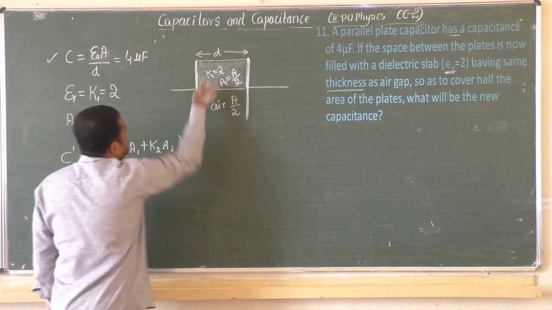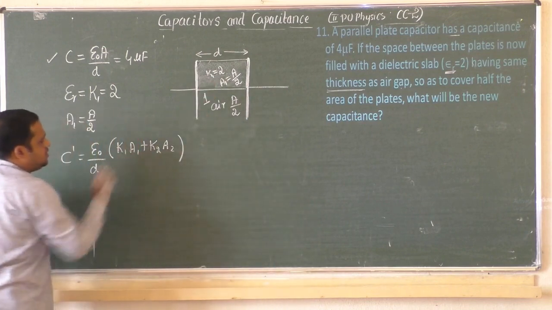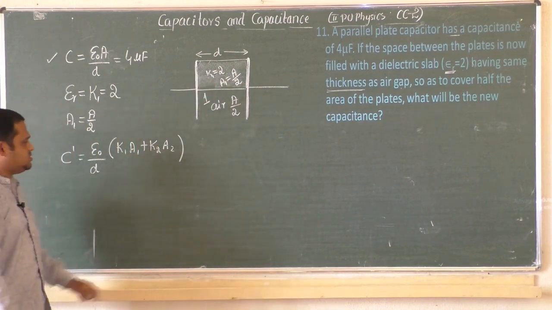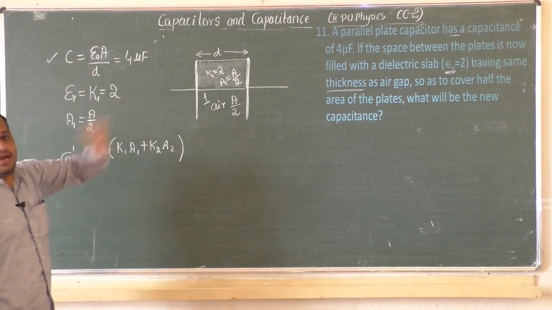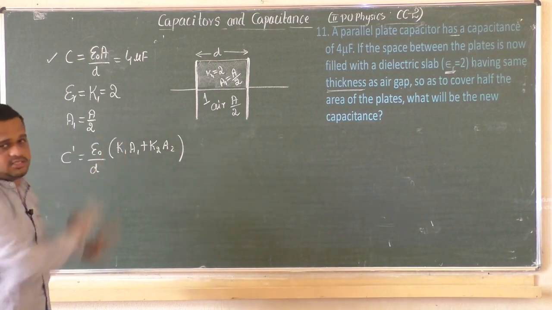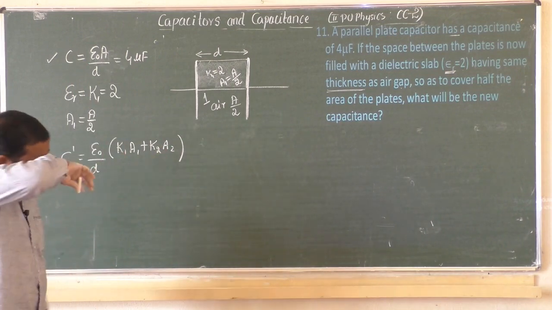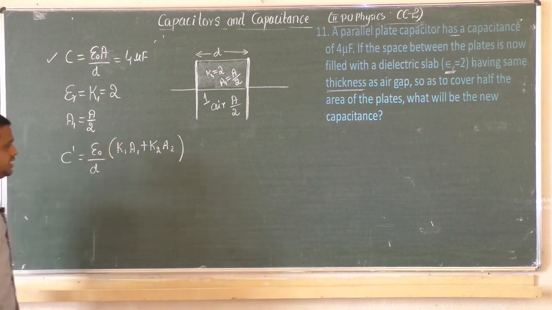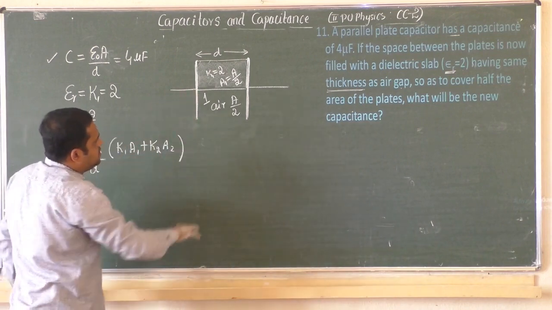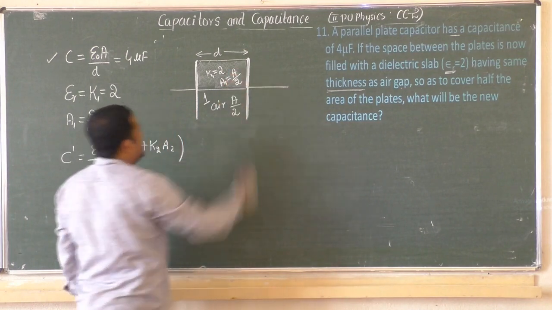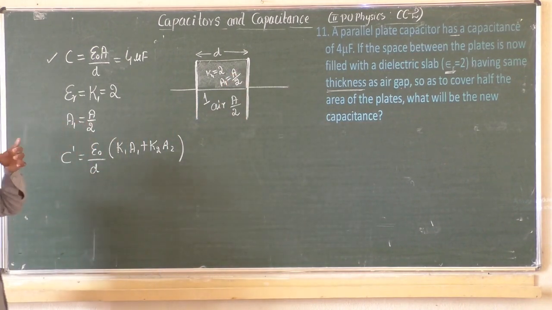In this case only two conditions are there, so I'll restrict the formula to K1A1 plus K2A2. Now let us substitute the condition. See, D value, A value, it is not given. If it is given, you can substitute. Such type of problems you can find in exams. Now in this case nothing is given, only the area in terms of area of the plates is given. Let us try to solve this problem.